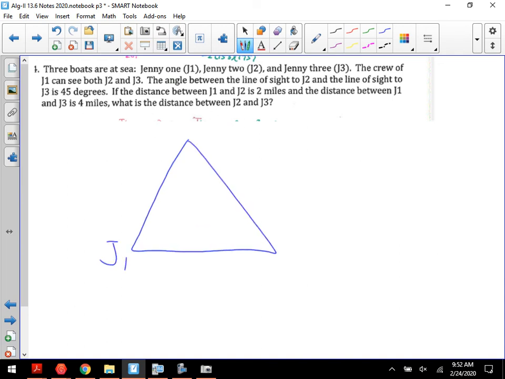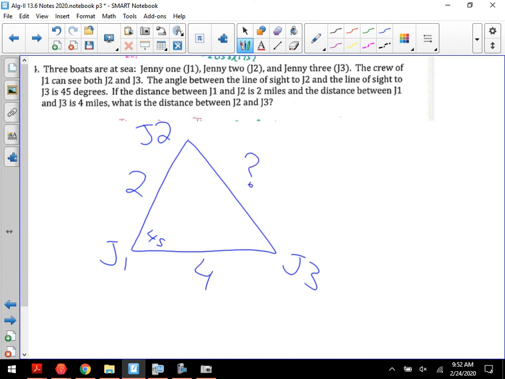Jenny 1, Jenny 2, Jenny 3. The angle between the line of sight to 2 and the line of sight to 3 is 45. The distance between 1 and 2 is 2 miles, and 1 and 3 is 4 miles. We're figuring out this side.